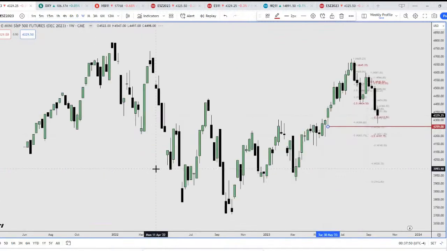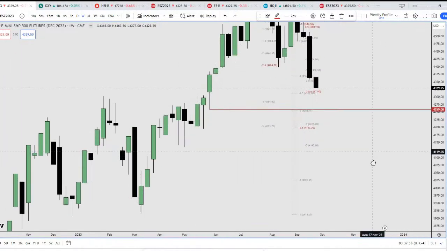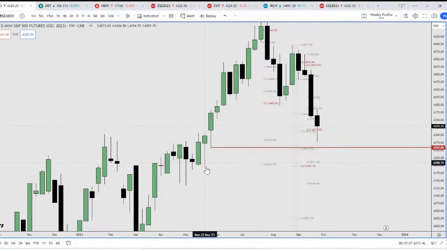Right, let's head over to the weekly to see if there's anything that we can use. Okay, maybe we can use the consequent encroachment of this wick here, right? And maybe the low down here.